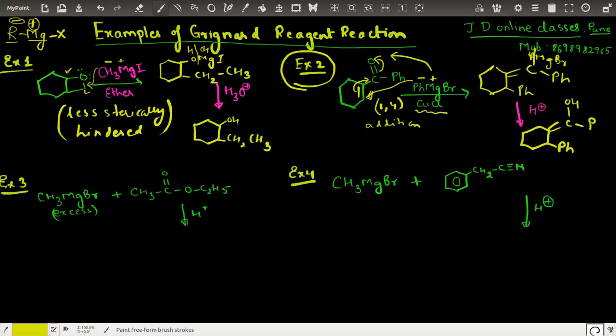Now clearly this is unstable because it's the enol component of the tautomer. Therefore it will tautomerize and revert back to the keto form. So ultimately what we get is this molecule: this is benzene, this is C double bond O, and this is phenyl.